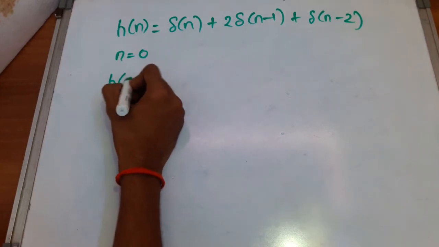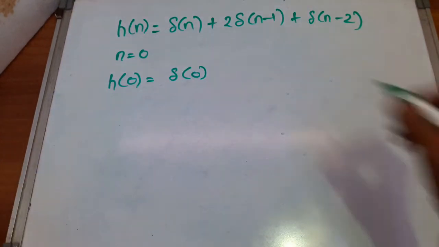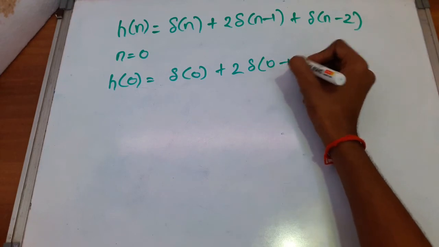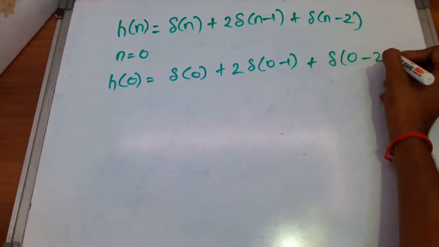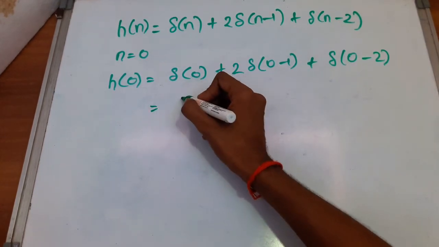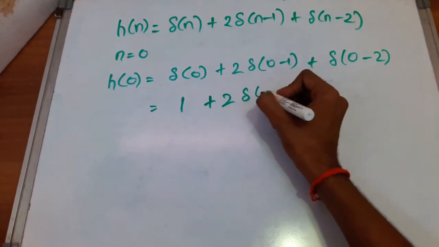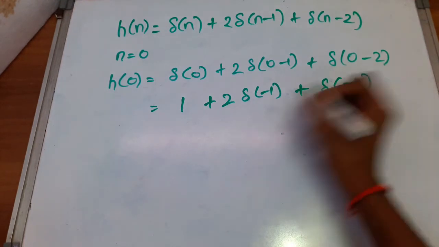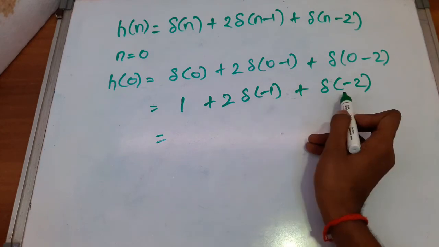So h of 0 will be delta 0 plus twice of delta 0 minus 1 plus delta 0 minus 2, which will give us, as already told before, this will be directly 1, this will be delta of minus 1, this will be delta of minus 2, and as the delta function says, delta of any number other than 0 will be 0.